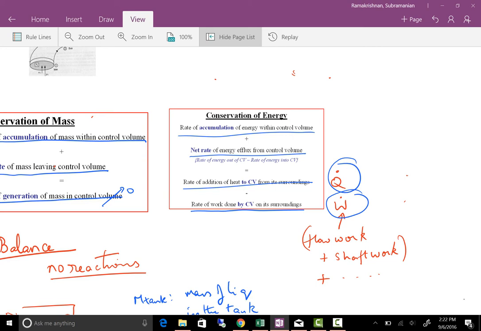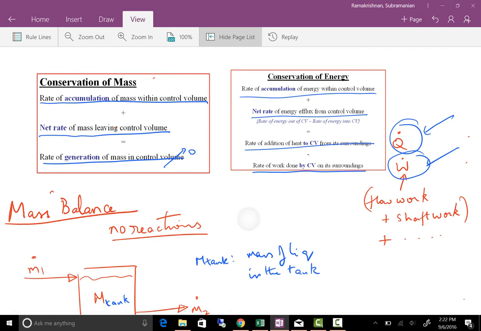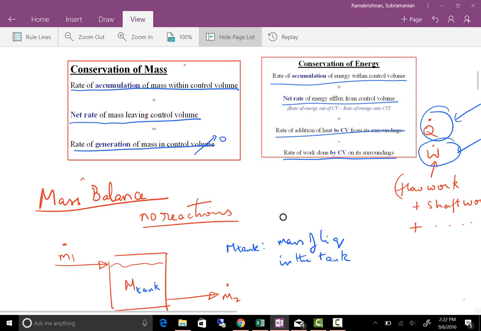In this statement, we say the net rate at which energy leaves plus accumulation of energy is equal to Q dot minus W dot. So the sign conventions for Q dot and W dot are going to be very important. Please pay very close attention to that. Right? Okay. We will get to that in a few minutes, once we start doing the energy balance.